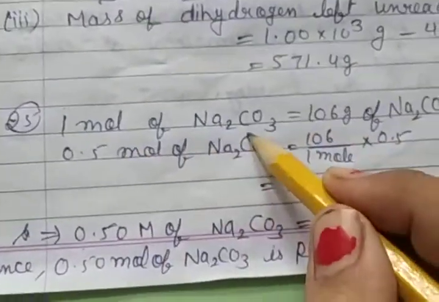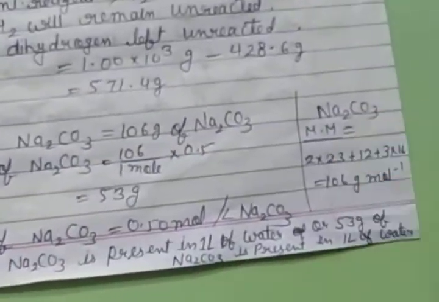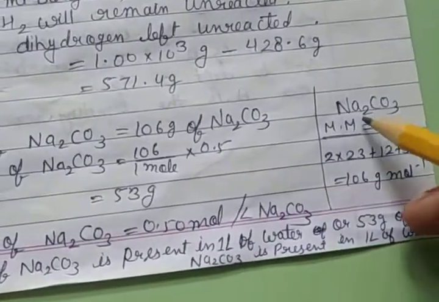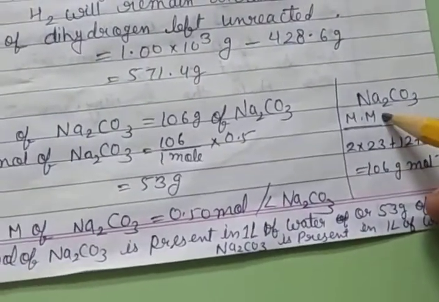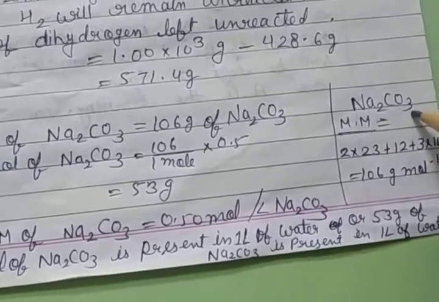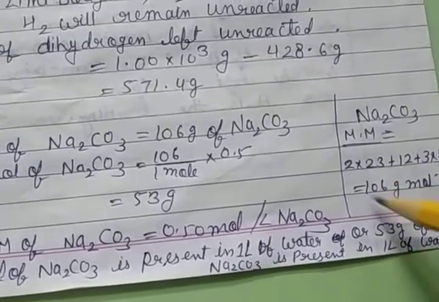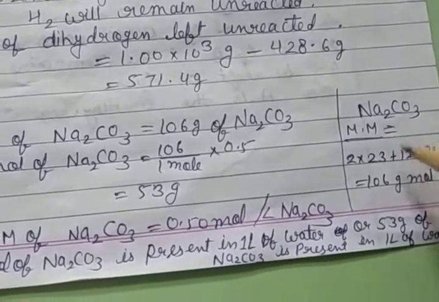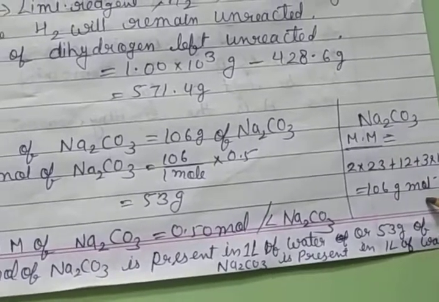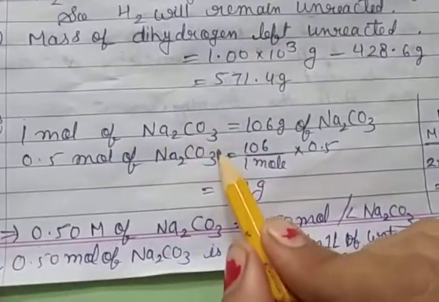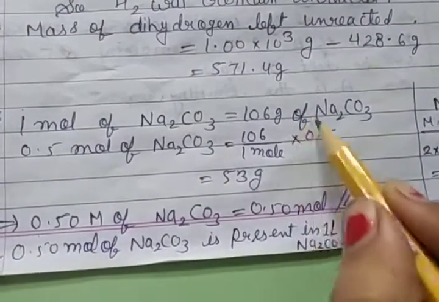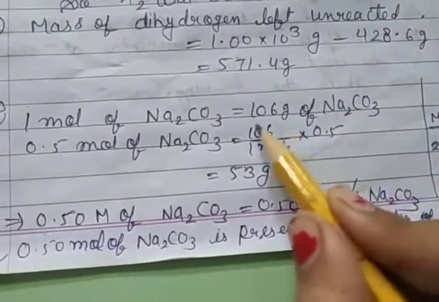The molecular mass of Na2CO3: sodium atomic mass is 23, multiplied by 2, plus carbon 12, plus oxygen 16 multiplied by 3, gives 106 gram per mole. So 1 mole of Na2CO3 is equal to 106 gram.